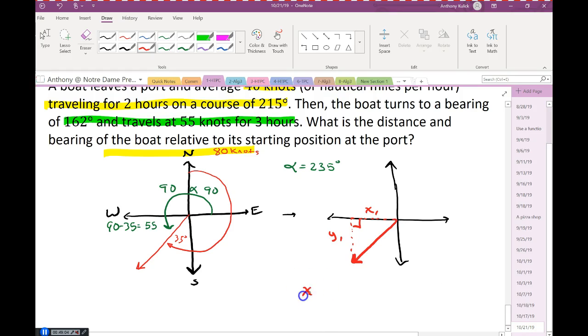So to do that, I can just do 80 times cosine of 235, and then 80 times sine 235.